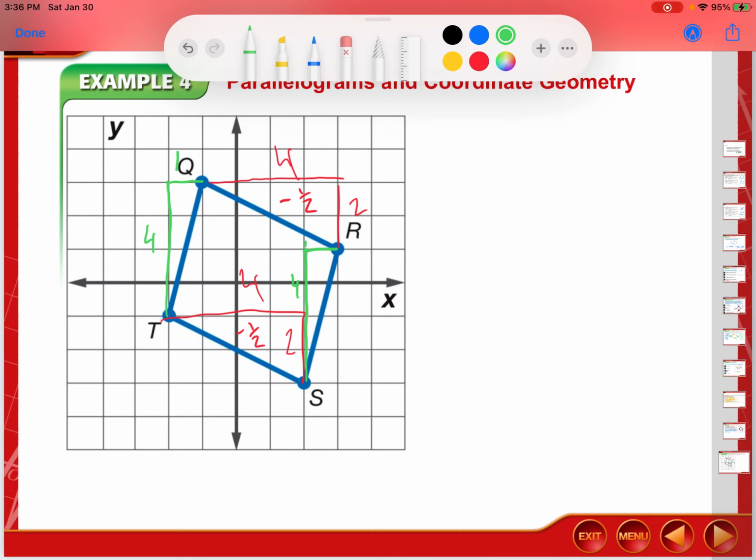So if we have two pairs of parallel lines, and they're parallel because they have the same slope, then we can say without a doubt that this is in fact a parallelogram. And just for the record, the slope of TQ would be 4, and the slope of SR would be 4 as well, because it's going up 4, right 1. So that's my cheater's way, the quick shorthand way of doing this.